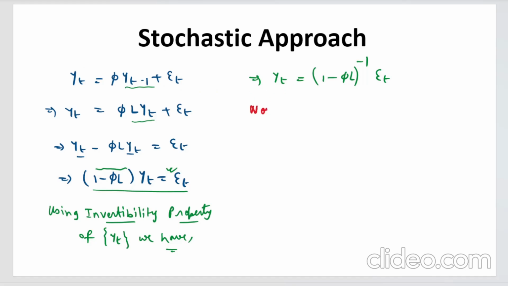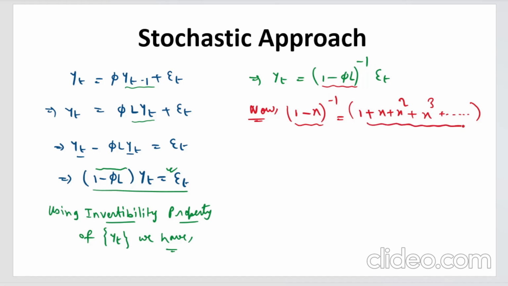Now you know something. What is (1 minus x) inverse? (1 minus x) inverse can be written in this form: 1 plus x plus x squared plus x cube and so on.